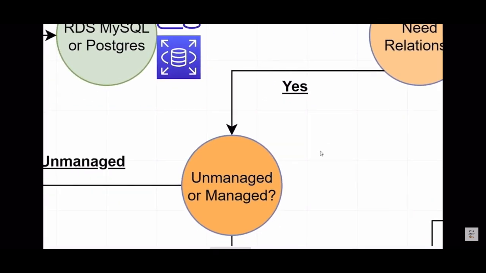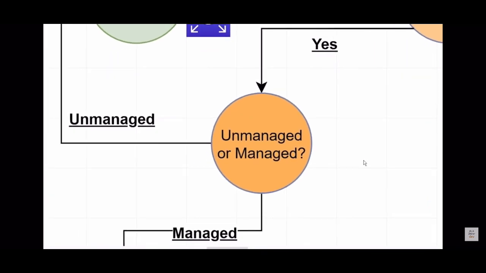The next question we need to answer is, do you want an unmanaged or managed solution? When I say unmanaged or managed, I mean that managed comes with a whole bunch of freebies in terms of maintaining your database or persistence layer. Things like auto scaling, things like monitoring, things like adding additional nodes very easily. All that comes very naturally with the managed solution.